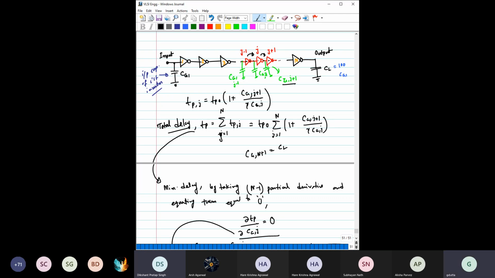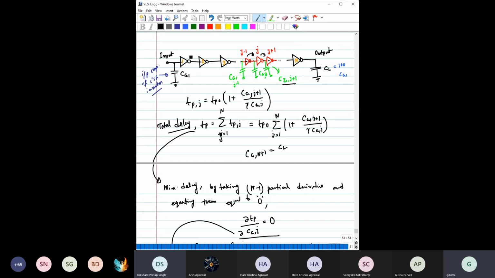Any guess from here? So R to the power n minus 1 should be equal to CL by CG1. I think you are in the right direction.